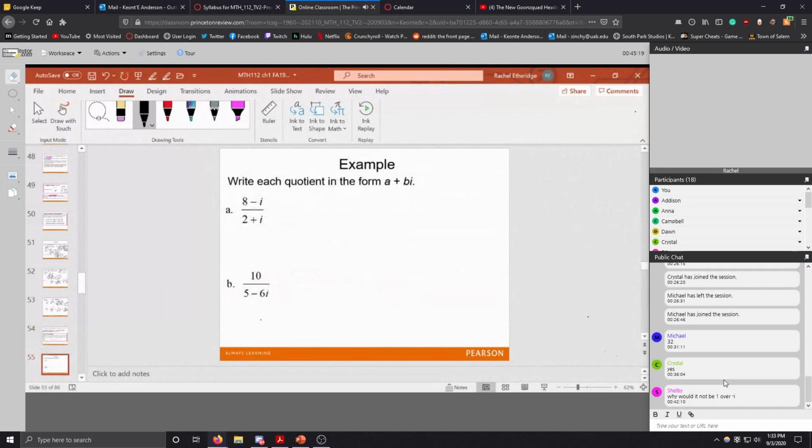So with this one, I've got a binomial in the denominator, so the conjugate of 2 plus i would be 2 minus i. So to rationalize this i out of the denominator, I have to use the conjugate.